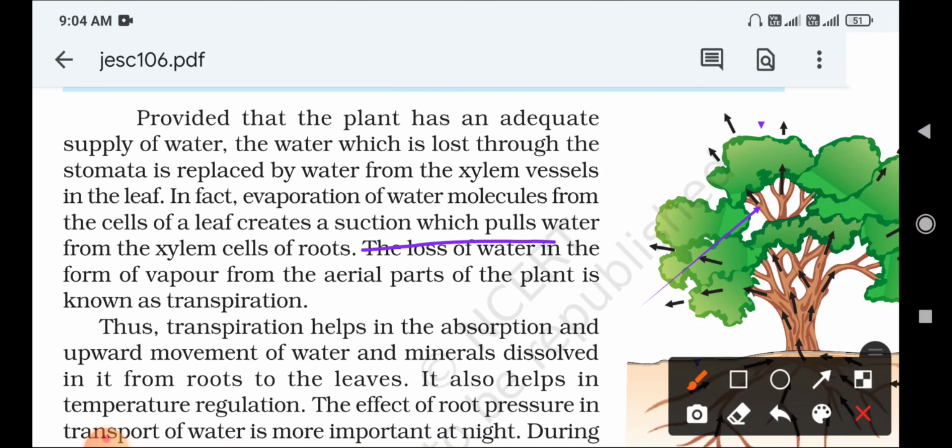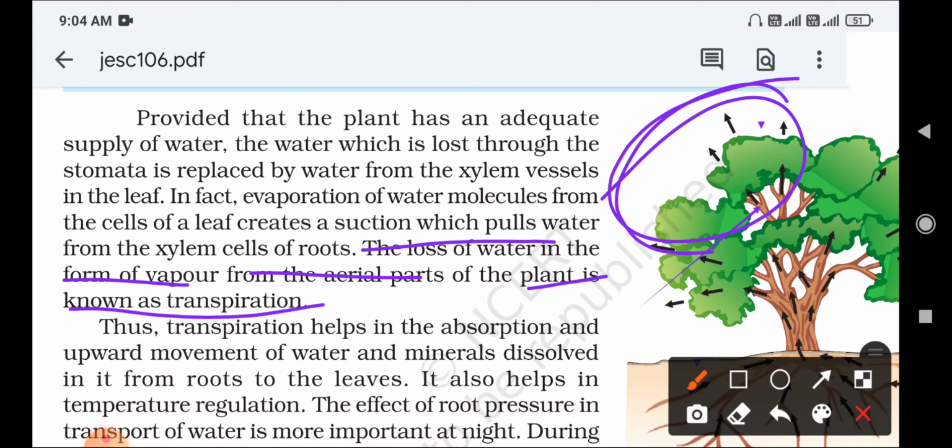The loss of water in the form of vapor from the aerial parts of the plant is called transpiration.